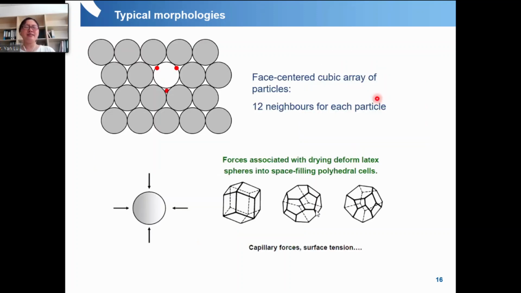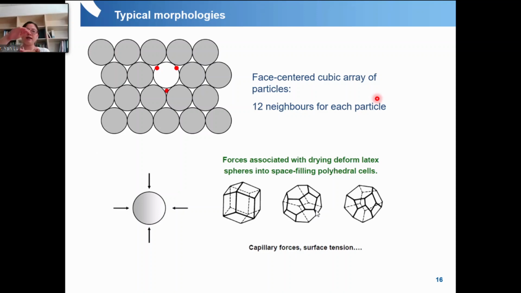So why does such deformation happen in the colloidal system? Here I will give you some detailed explanation. If you have a film made from close-packed particles, for example from an FCC, the face-centered cubic array of particles, it's close-packed.